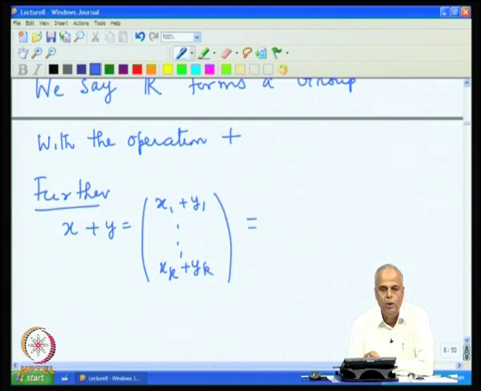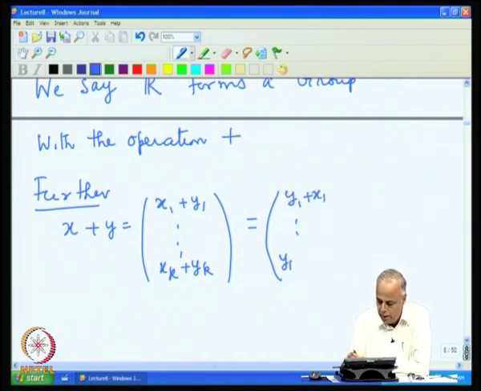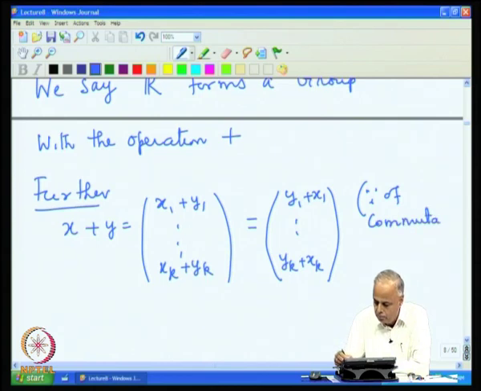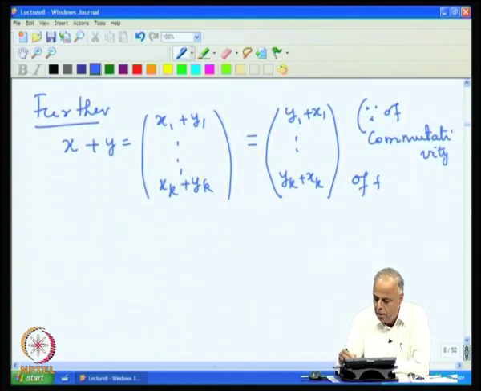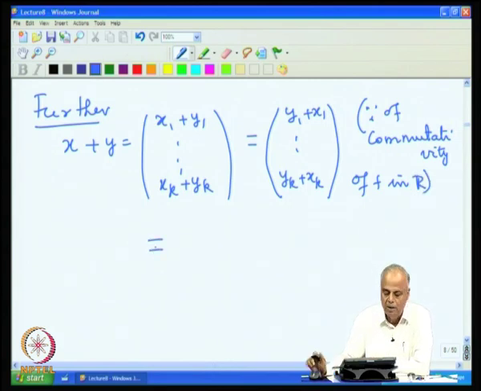Now, x 1 and y 1 are real numbers and x 1 plus y 1 is the real number addition, and real number addition can be done in any order, or in other words the real number addition is commutative, and so we can write this as y 1 plus x 1, up to y k plus x k, because of commutativity of addition in R. But now by the laws of addition in R k, this is the same as y plus x.